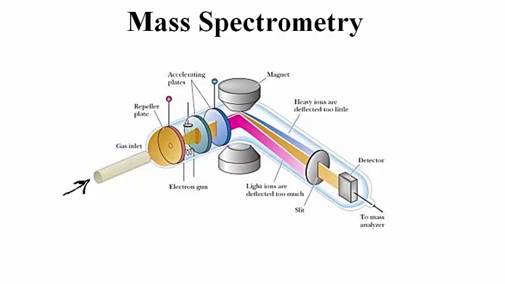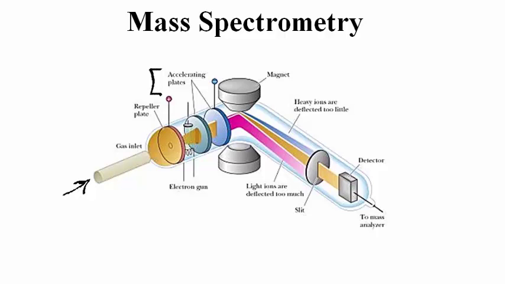The vaporized sample in the evacuated ionization chamber is bombarded with high energy electrons that cause electrons to be stripped away from the molecules of the sample, giving positively charged ions. The positively charged ions are then accelerated by a series of negatively charged accelerator plates into an analyzing chamber inside a magnetic field, or an electric field in some spectrometers, that's perpendicular to the direction of the ion beam.